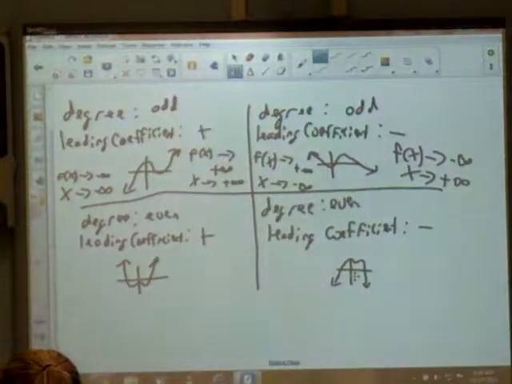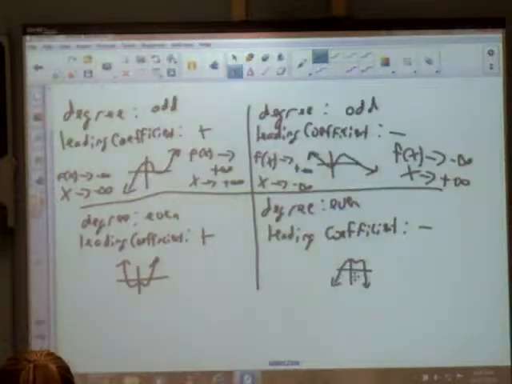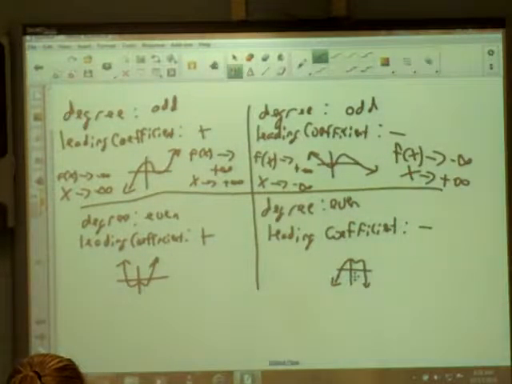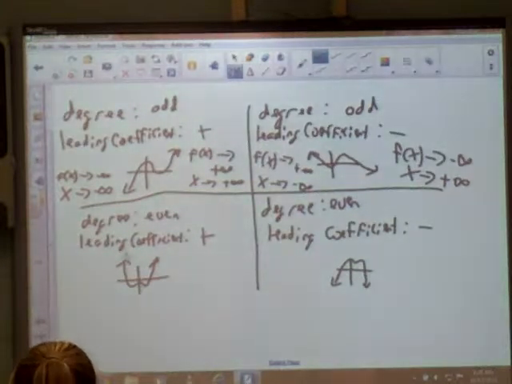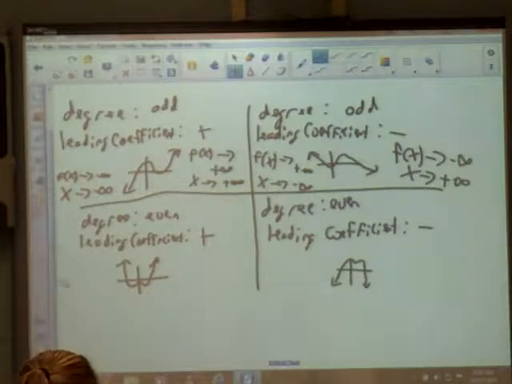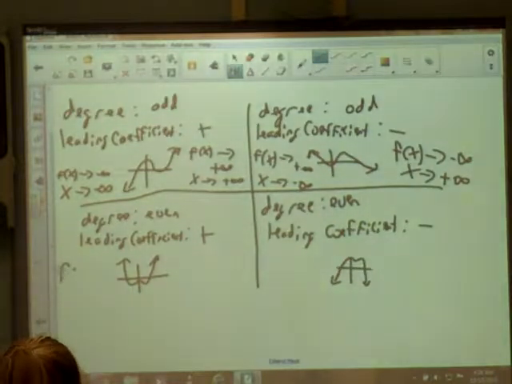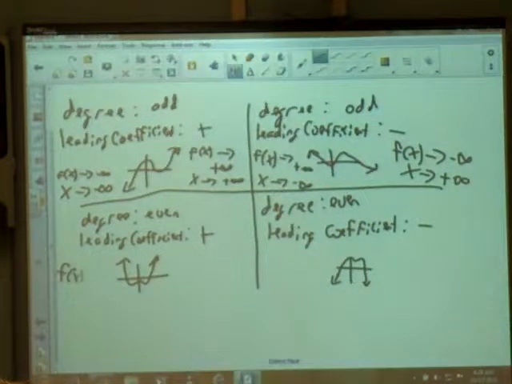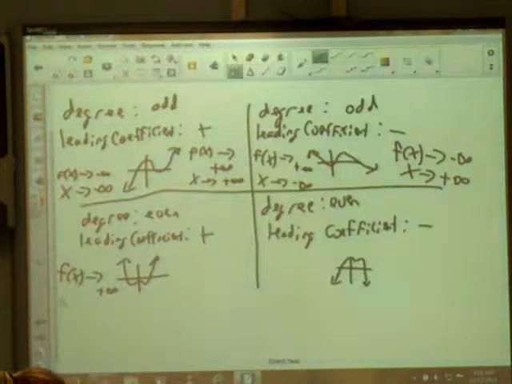Now to get our fancy symbols in on that one. On this one here, my y is going up on both sides. So as f of x approaches positive infinity, as this keeps going up over here, where does x go?